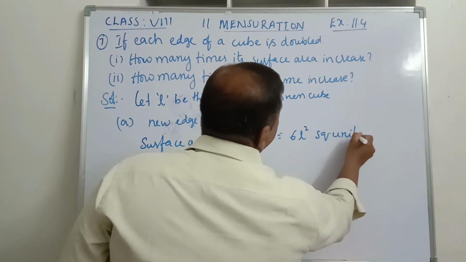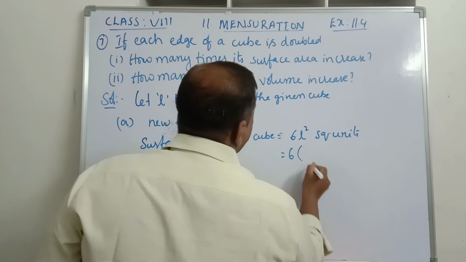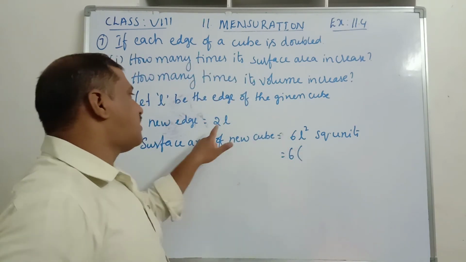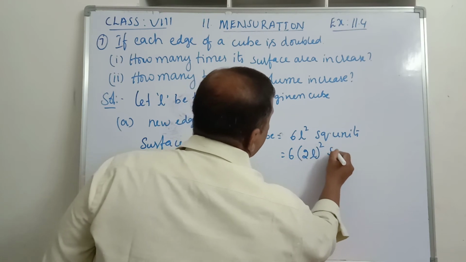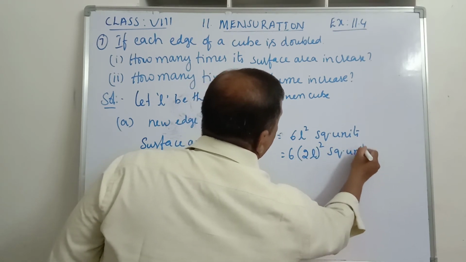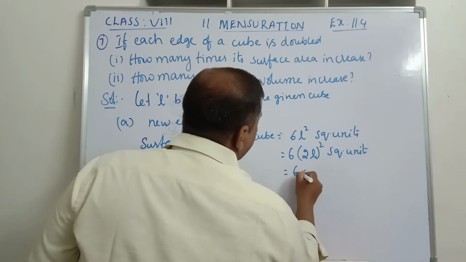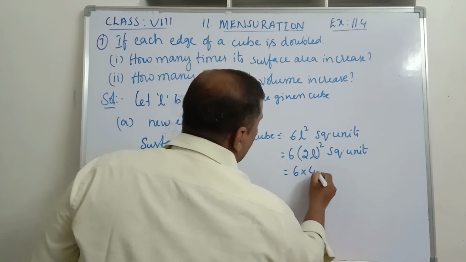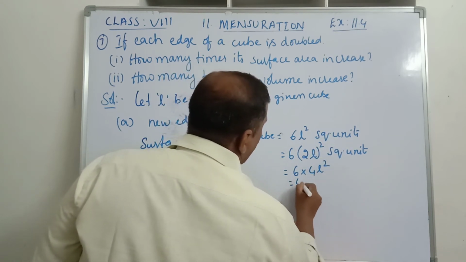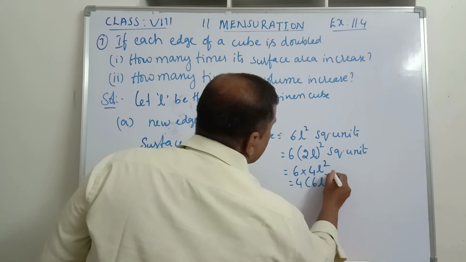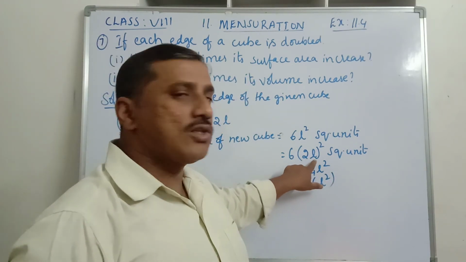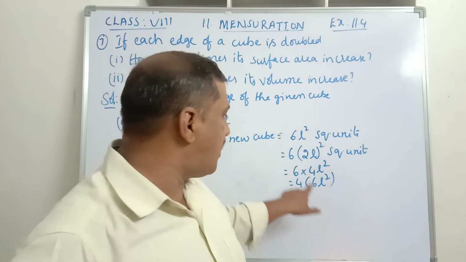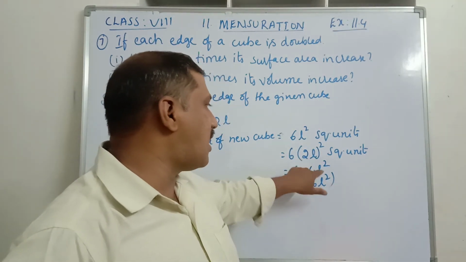Here L is equal to 2L, so it is 6 into (2L) whole square units, which is equal to 6 into 4L square. So 6 into 4 is 24. 2 square is equal to 4, and then L square.